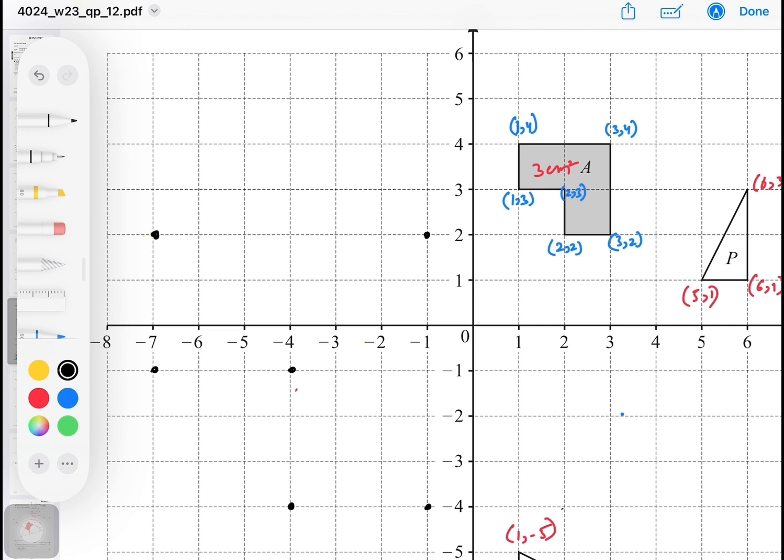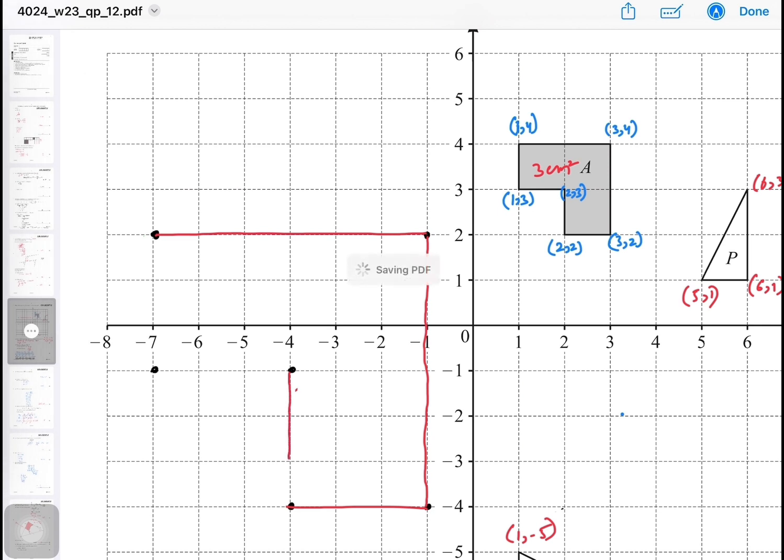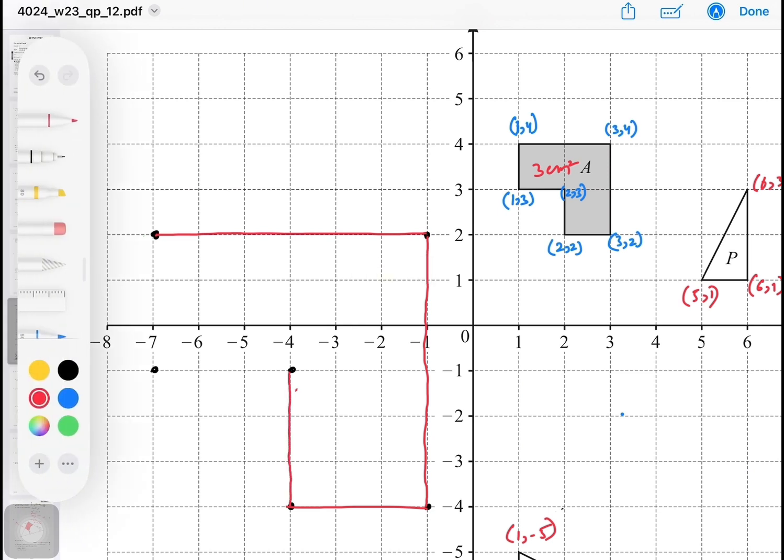I'm going to join the dots. So this is shape B, and this is the enlargement of shape A.